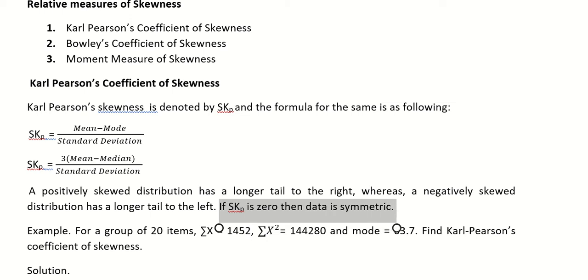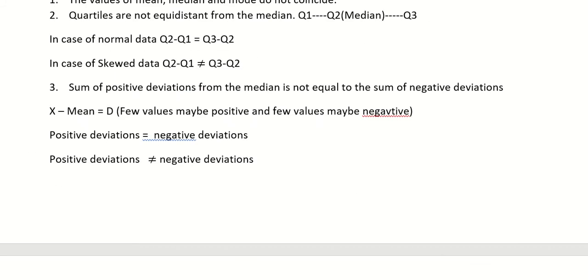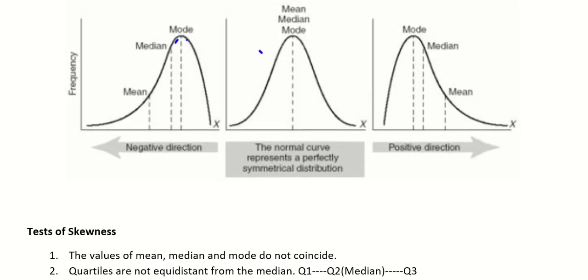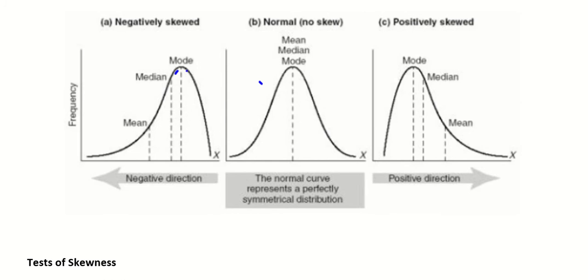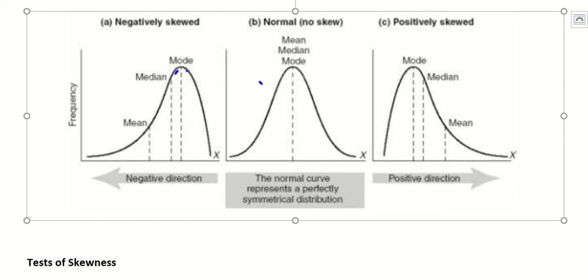As we discussed in our previous lecture, when you get a bell-shaped curve, like this one, the middle one, it tells you that the data is normally distributed, and the left and right ones show that the data is skewed.